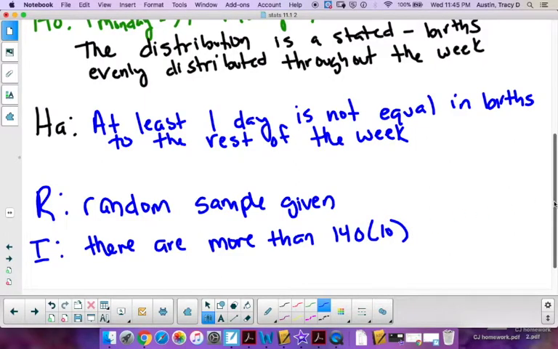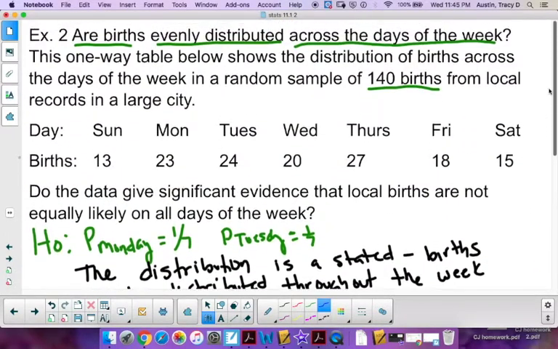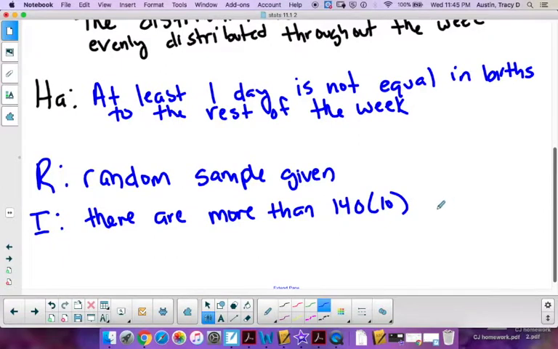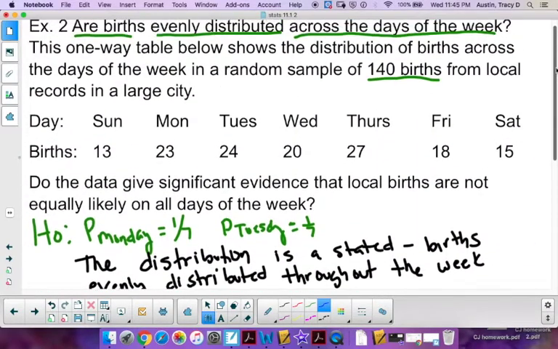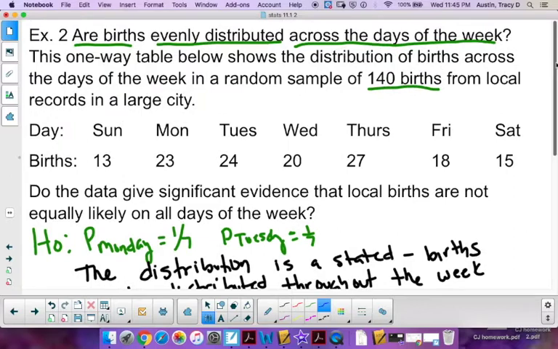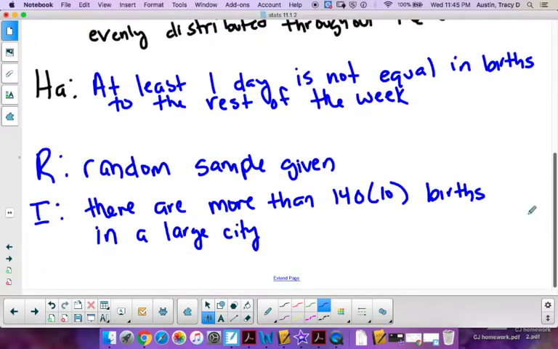Well, 140 times 10 what? Okay, so in a large city, there are more than 140 times 10 births in a large city. And it's not like they actually counted up 1 week. They literally just counted up 140 births from a large city and stated what day they were in. All right, so your normal condition.